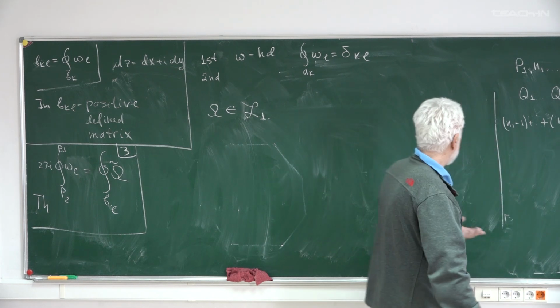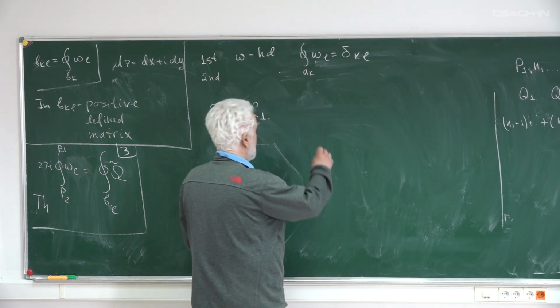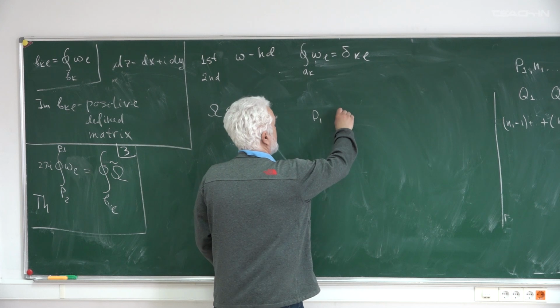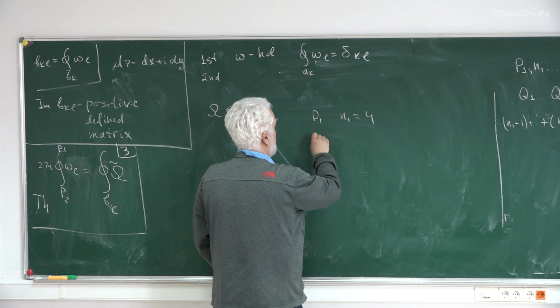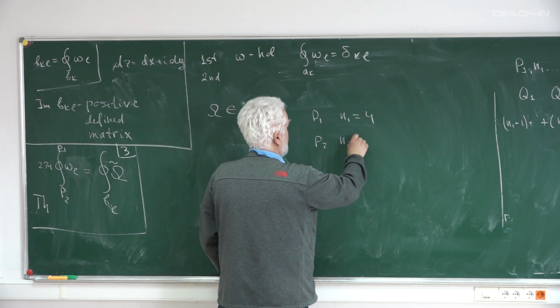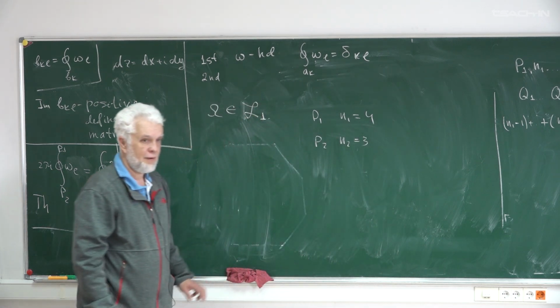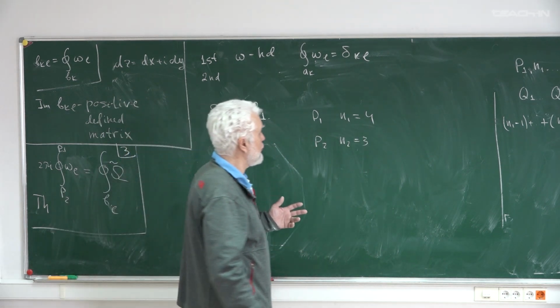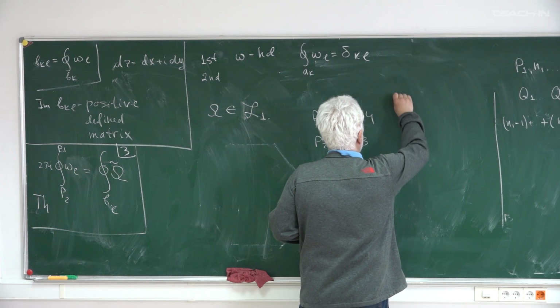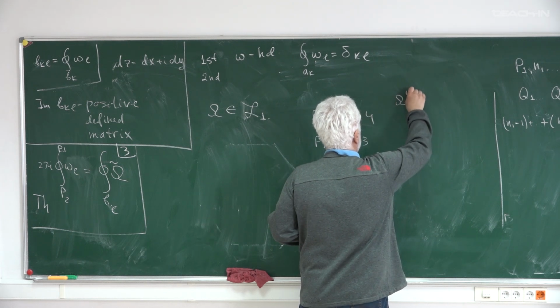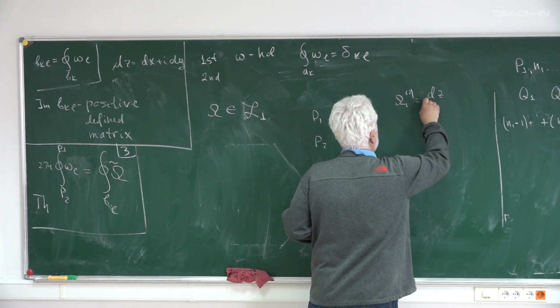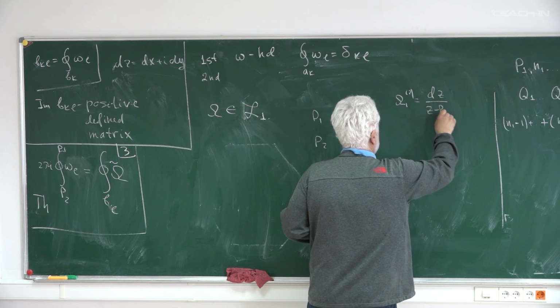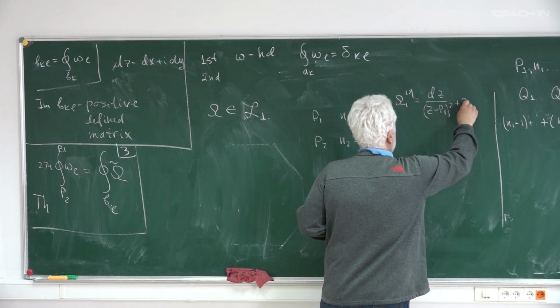For example, consider the simplest case. You have 2 points, P_1, and n_1 is 4; P_2, and n_2 is 3. So we consider the following differentials: omega 1,2 has dz over (z minus p_1) squared plus regular terms.